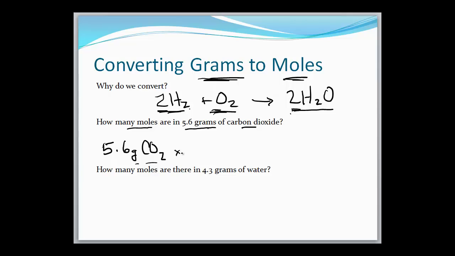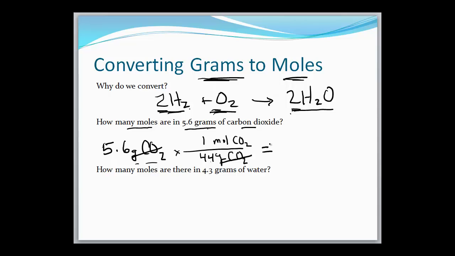Okay, so let's do the dimensional analysis. Let's set up our conversion factor. We want grams of carbon dioxide in the denominator, and we are converting to moles of carbon dioxide. So 1 mole, how many grams? If you remember from our last vodcast, we used the molar mass. So 12 plus 32, there's 44 grams of carbon dioxide per mole. So our grams cancel.